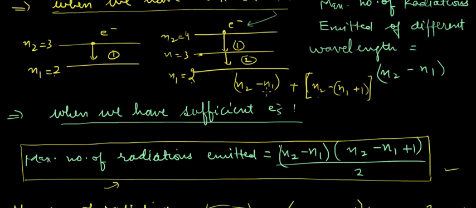Two steps are here, and the third one could be like this, 4 to 2 directly.